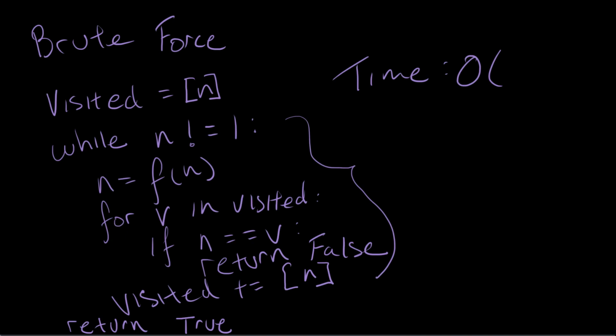So the path was 4 or 5 steps long. For 2, it was about 8 steps long. And so we can kind of say it's O of P, where P is the path length, squared. Because for every step in the path, we have to go and scan through visited, which will grow with our path length.